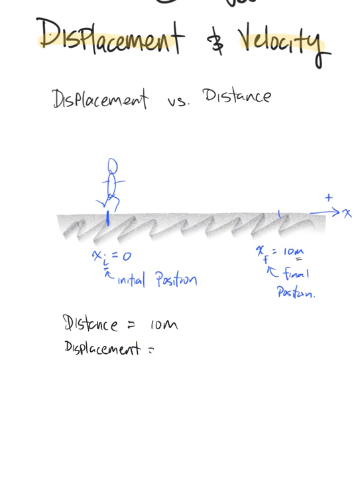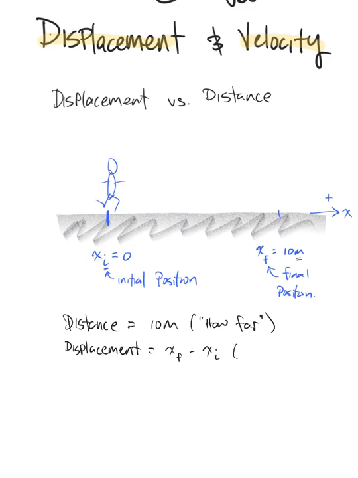what does that mean? Well, your displacement has a very precise definition. If the distance is just how far you went, the displacement is going to have a more definite definition, which is we're going to say it's the final position, x final, minus the initial position, x initial.